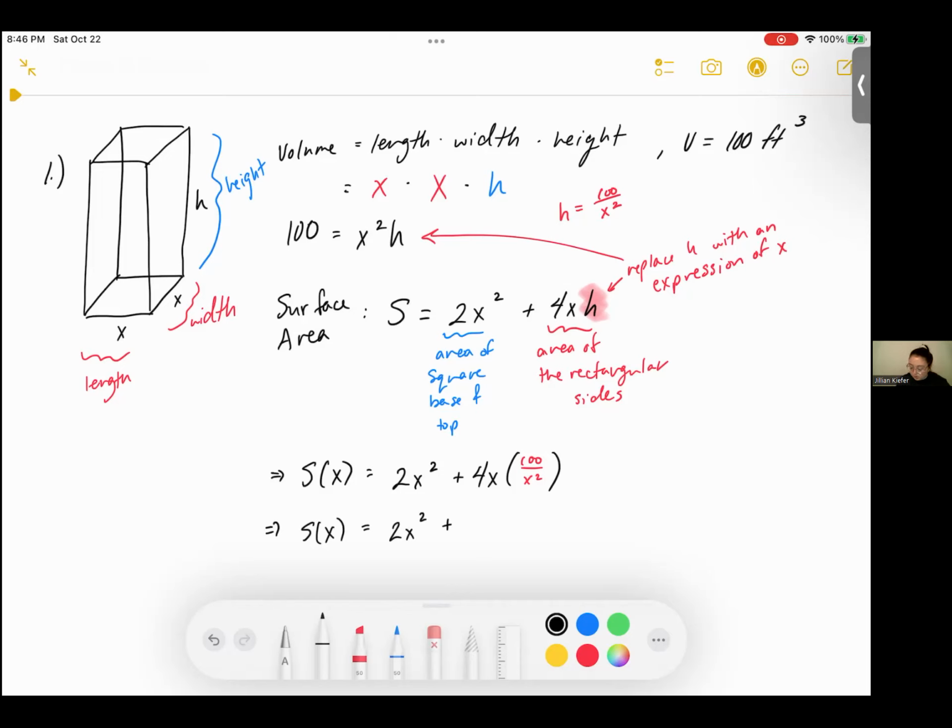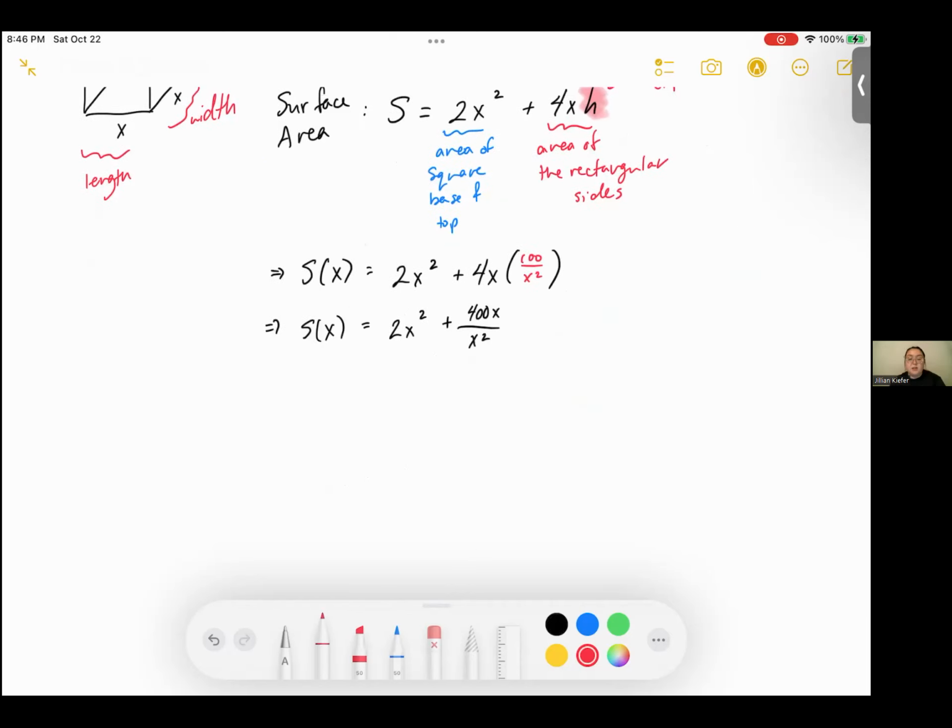So 4x times 100 would be 400x divided by x squared. So we see we have an x in the numerator and an x in the denominator. So we can cancel an x from each term. Now cancel the x and then cancel the squared. And this gives us s of x is equal to 2x squared plus 400 divided by x.